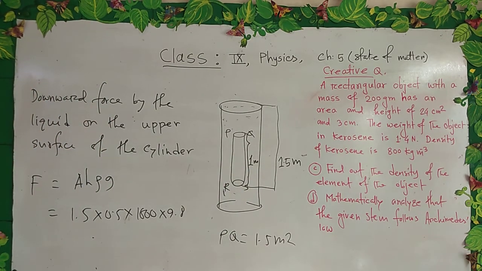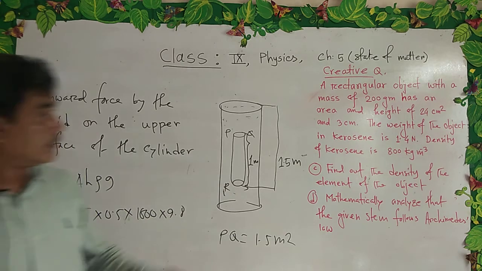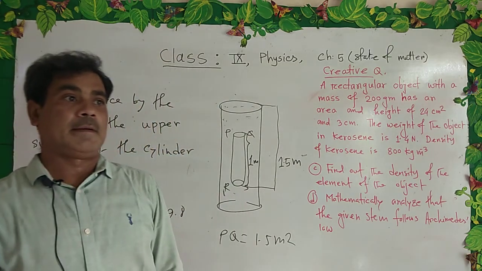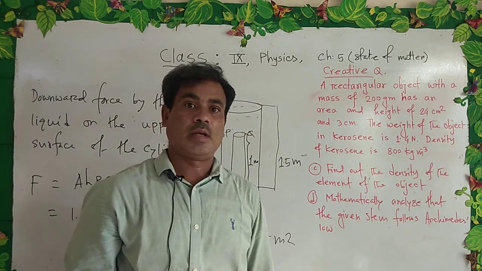So, dear students, in this way we can find the solution of this question. I hope that you can catch the answer and discussion, and I hope that you will learn it at home. Allah Hafiz.